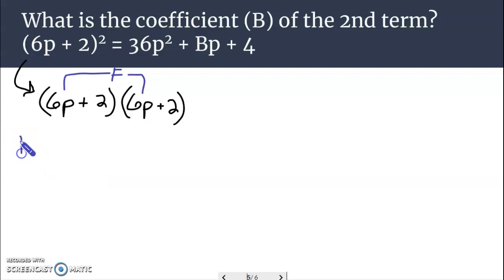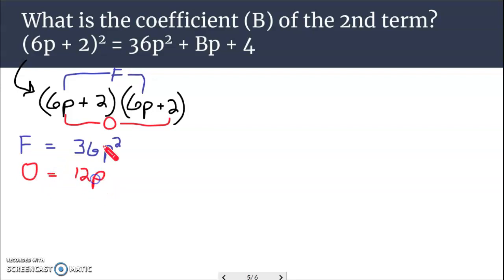6p times 6p is 36p squared. That's the F for the first terms. Notice those are the first terms in each binomial. Then you focus on the outside terms. 6p times 2, O for outside, 6p times 2 is simply 12p.